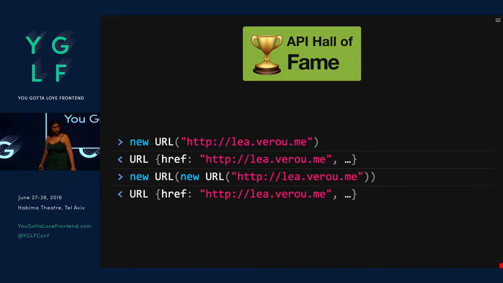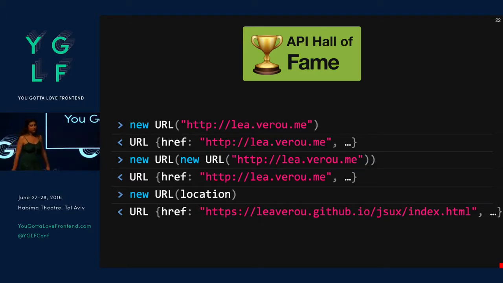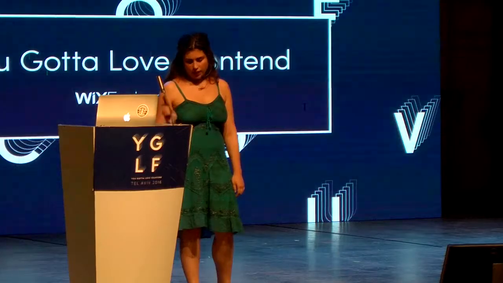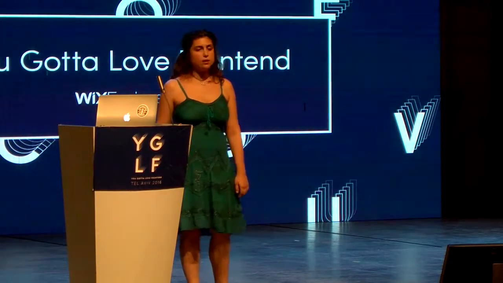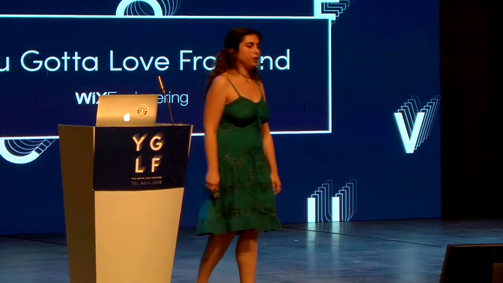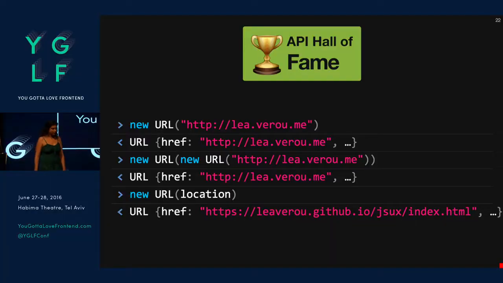I can even construct URLs from objects that look like URLs, like location. Location is not a URL object. It existed before the URL object. Still works fine. So if you see people trying to use many different types as parameters and they fail and they have to look at documentation, realize, oh yeah, I should have used a string there, or I should have used a certain type of object, write it into your code. Accept that type as well. It doesn't really cost you anything, and it prevents people from making mistakes.